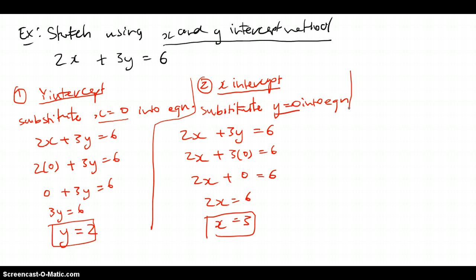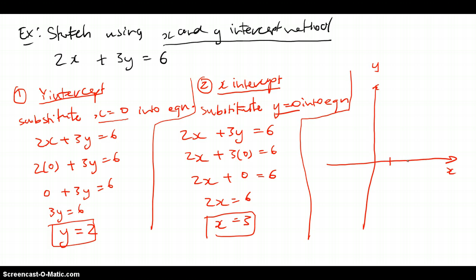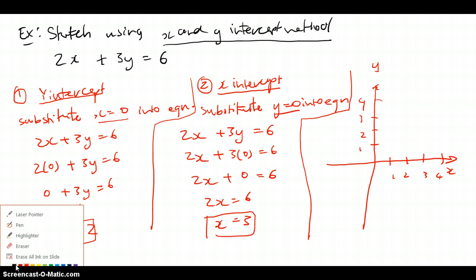So our third step now is to draw it up using a Cartesian plane. I'm just going to draw a Cartesian plane. This is going to be an x-axis, this is going to be a y-axis. I'm just going to quickly label 1, 2, 3, 4 on each side. Now the next step is, where is y is equal to 2? I'm going to go on my y-axis, and my y equals 2 is right here.